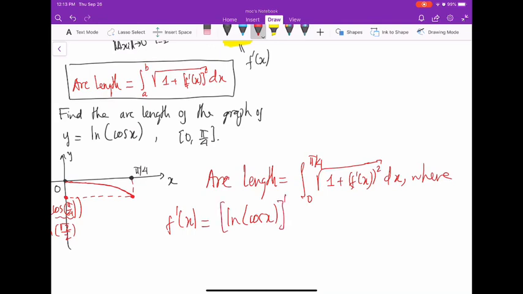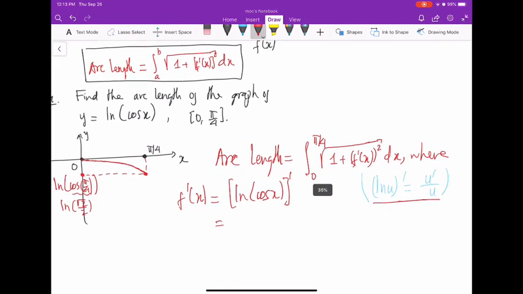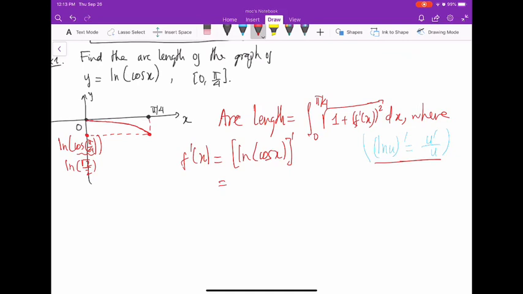Here we need to use the chain rule. Let me remind you the chain rule: the derivative of ln of u is equal to u prime over u. So if we use this formula, u prime is the derivative of cosine of x, that is negative sine of x, over cosine.